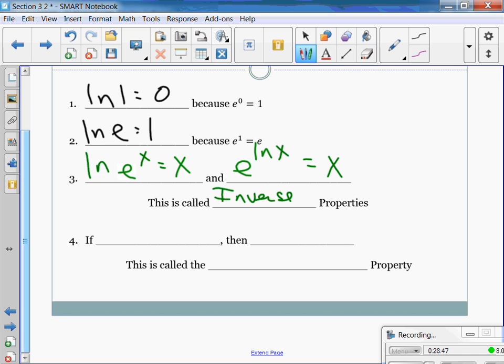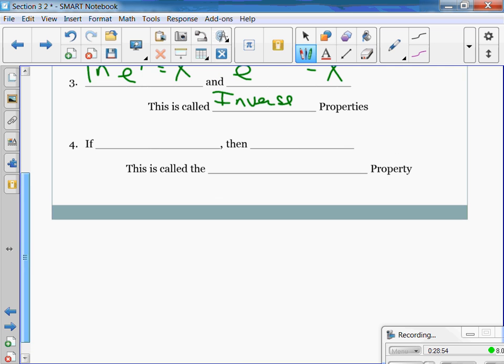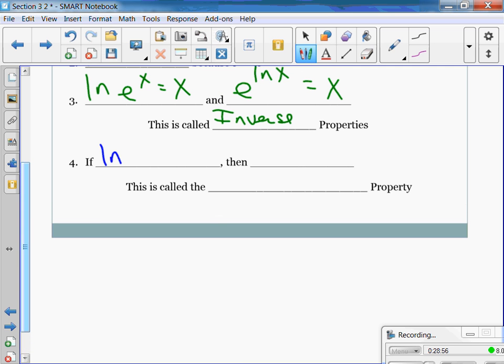Natural log of x equaling the natural log of y implies x equals y. Again, nothing new here, folks, other than now we're writing it down using the natural log. Again, all it is is log base e. It's the exact same properties.